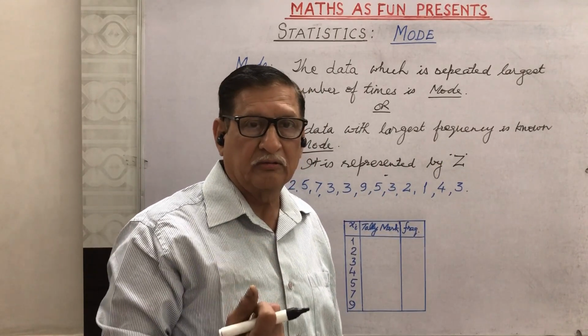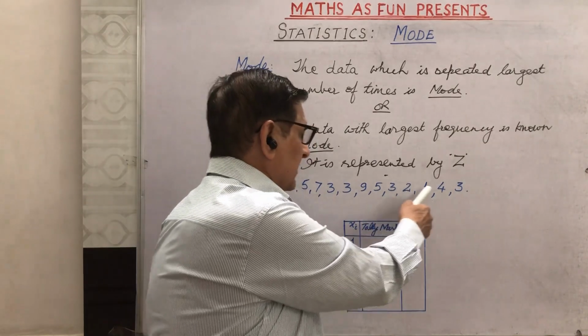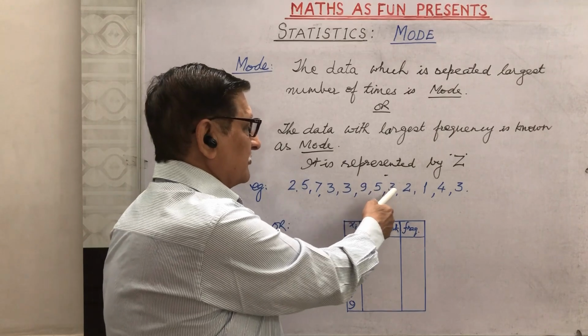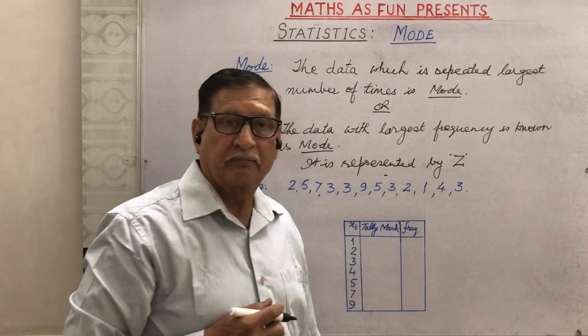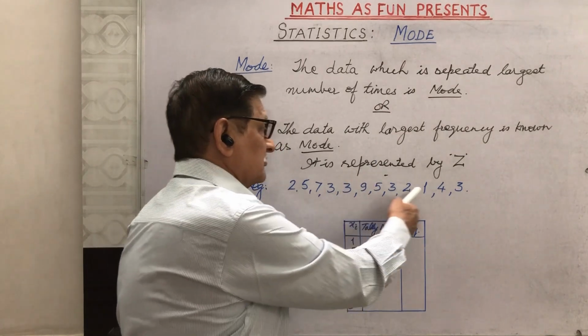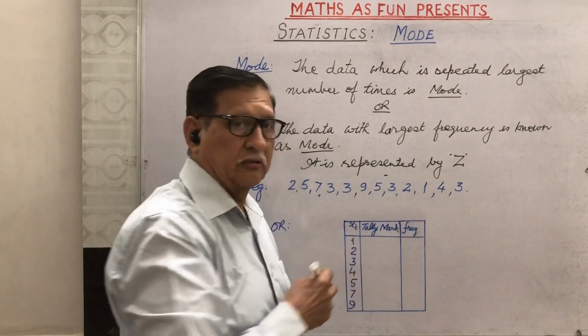How to calculate? Suppose you have been given the raw data like this: 2, 5, 7, 3, 3, 9, 5, 3, 2, 1, 4, 3. To find the mode, we have to see how many times each data is repeated.